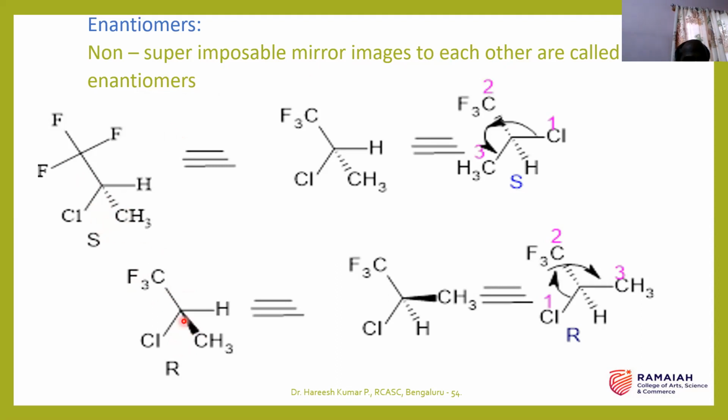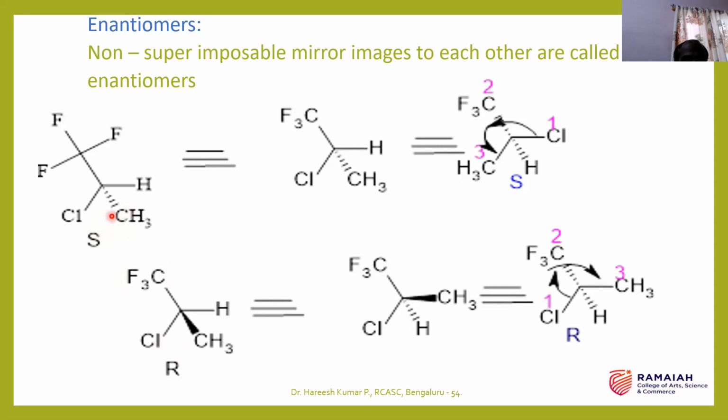You can observe that here the methyl group is away from the observer, whereas here the methyl group is towards the observer. That's the only difference. Because of that only the configuration changes, isn't it? So here it is S and here it is R.